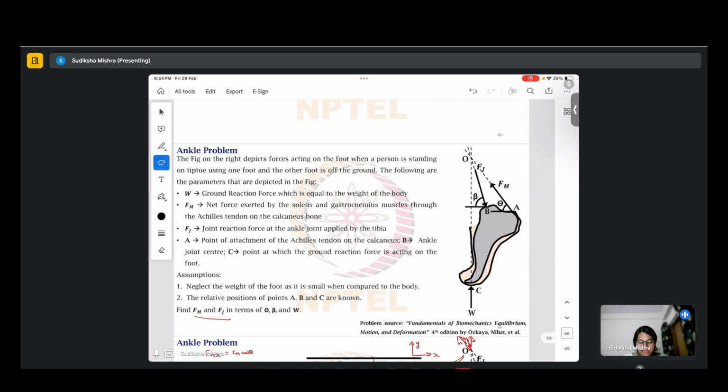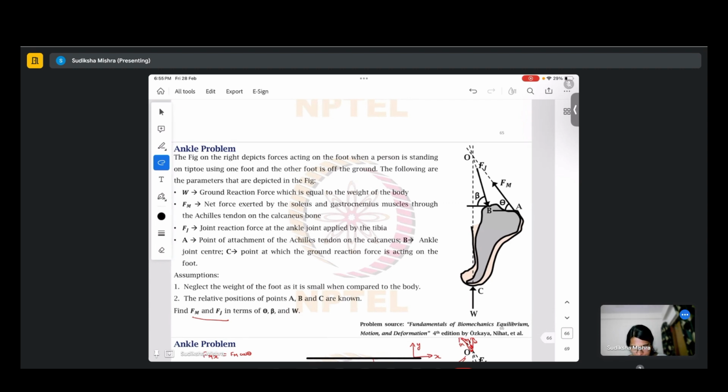The problem is that the figure on the right depicts forces acting on the foot when a person is standing on tiptoe using one foot and the other foot is off ground. Again a one leg problem, similar to the knee and the hip.